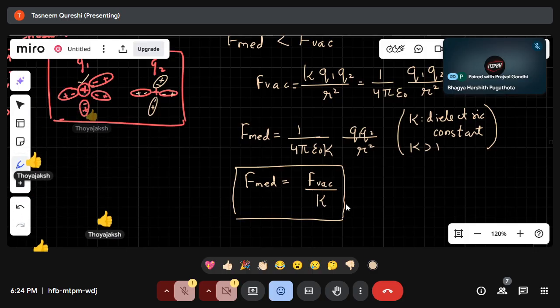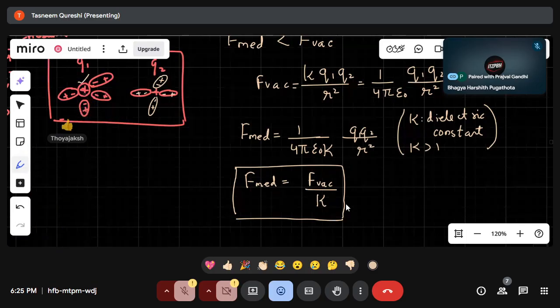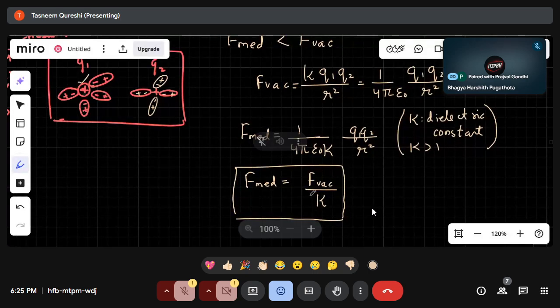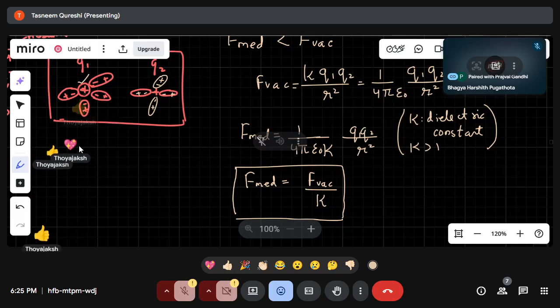So if you bring your charges in some medium, your force will get reduced. By what amount? By this K amount. What is this K? This K is dependent on the medium. Like for water, it is 80. So if you calculate force in water, you will have an 80 in the denominator.